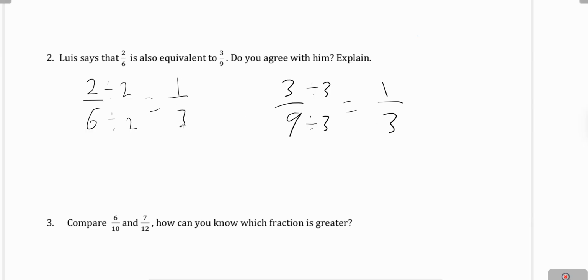So indeed, Luis is correct. I agree with Luis because I was able to generate equivalent fractions, and I showed that both of these fractions are the same as 1/3.